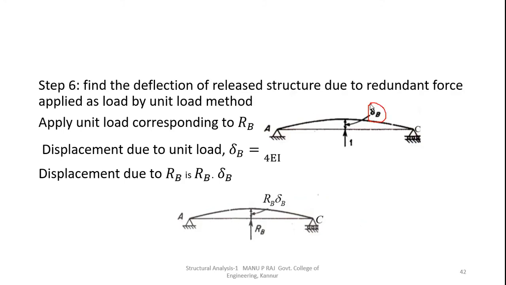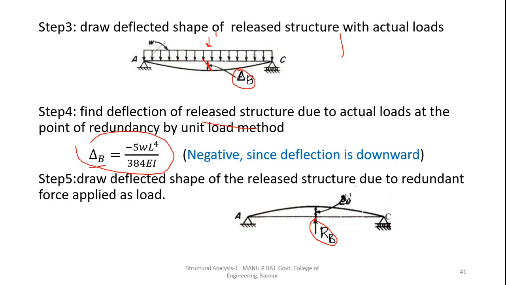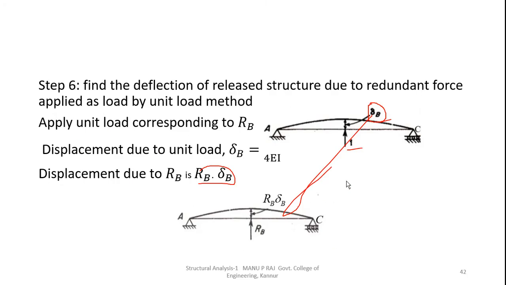You will get small delta B. Now if the deflection due to 1 kilonewton load is small delta B, then the deflection due to RB kilonewton load will be RB into small delta B. So delta B dash will be equal to RB into small delta B.